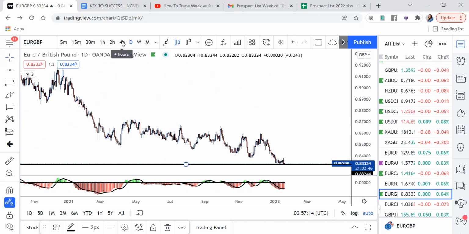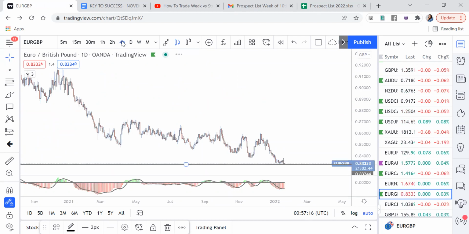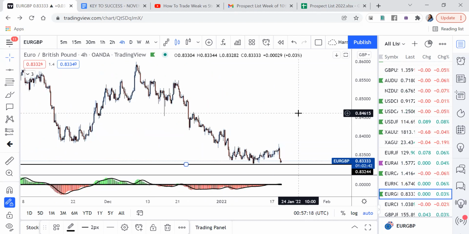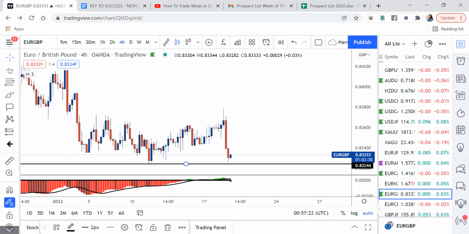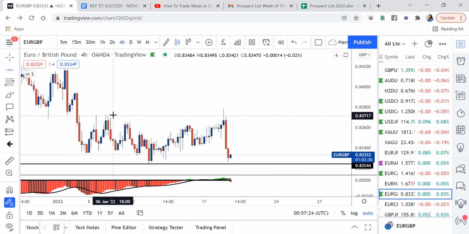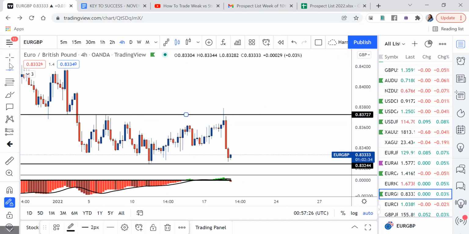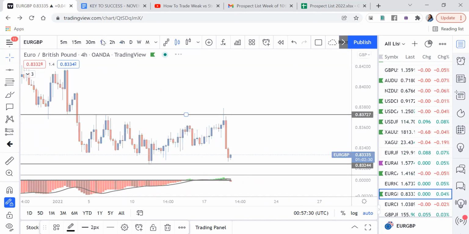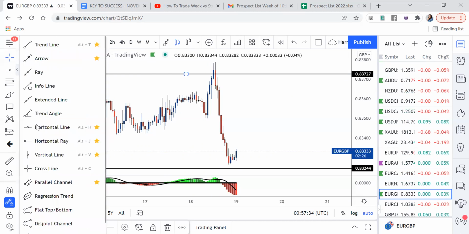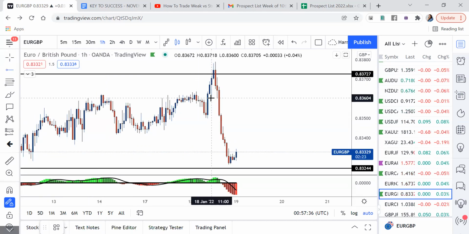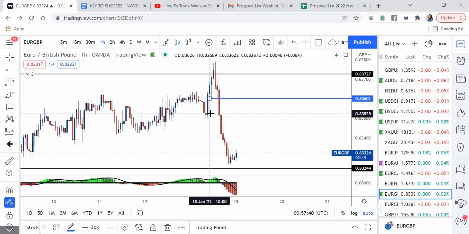For Euro GBP, what I will wait on is, let's see if we can get price back up to here. And we could take a sell position from here.